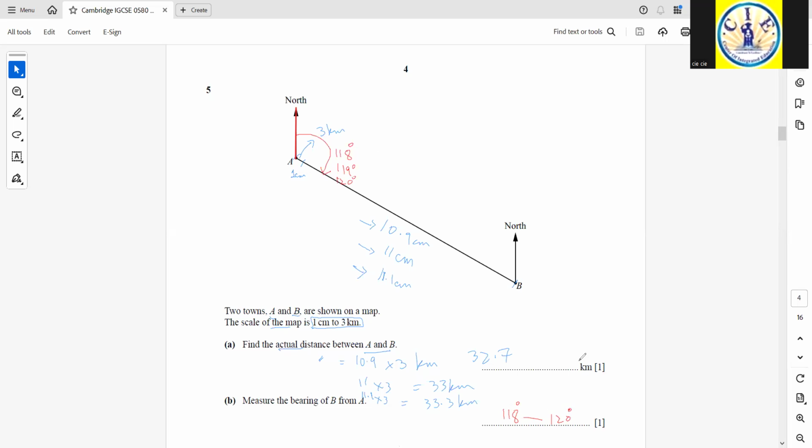Okay. Now for bearings, let me give you a bit of recall of this concept.